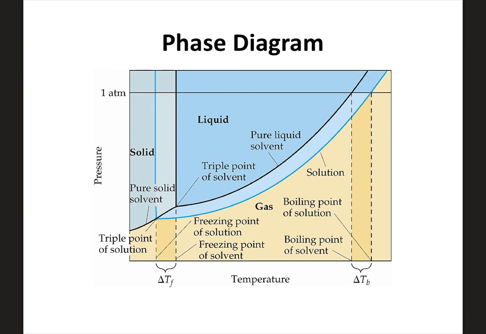Here would be the area when you have your liquid to gas, going to boiling, and then the solution would be here going from liquid to gas. This difference between those two for the boiling point would be your change in temperature of the boiling point. And it is increased. Notice the solution would have an increased boiling point but a decreased freezing point, which is what we expect. So you can see this information on an actual phase diagram.